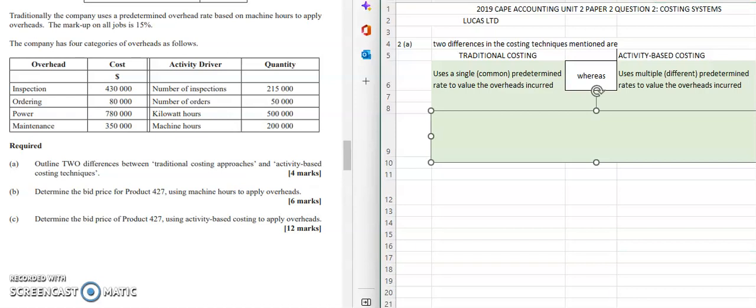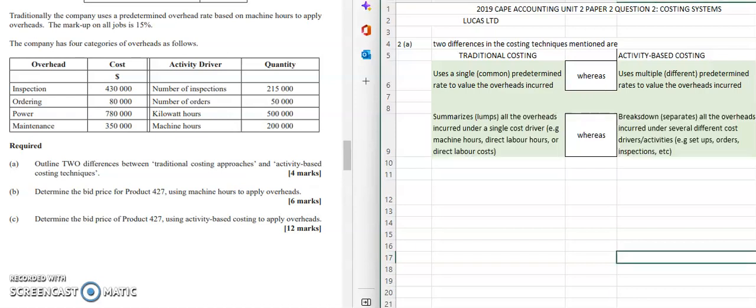The second thing we are fully aware of is that the traditional costing method summarizes or lumps all of the overheads under one single cost driver. In other words, they assume that one activity created all the costs. So it might be machine hours or direct labor hours or even direct labor costs.